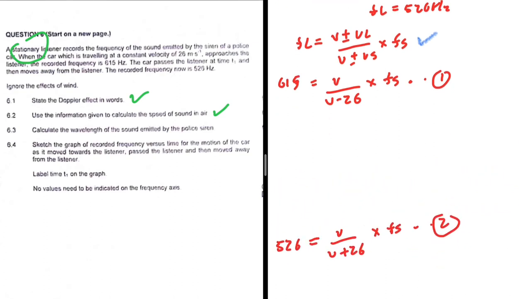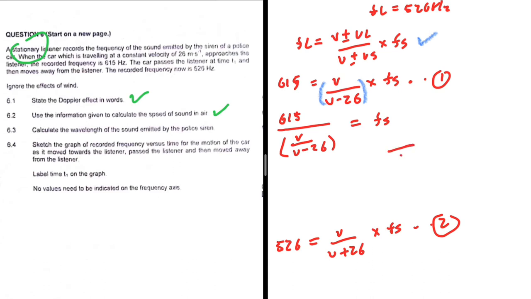So with equation 1, we're going to say 615 everything divided by V minus 26 is equal to Fs. We're just dividing everything by the coefficient of Fs. But we can switch that division into a multiplication, right?